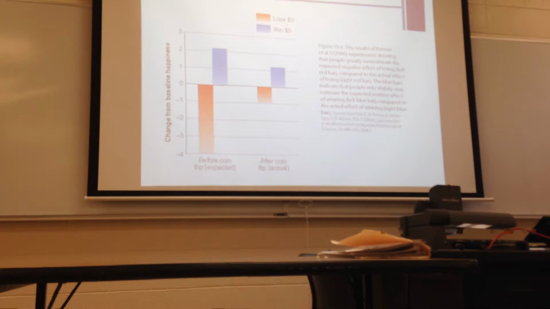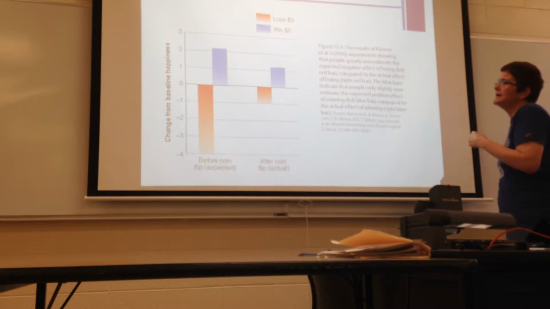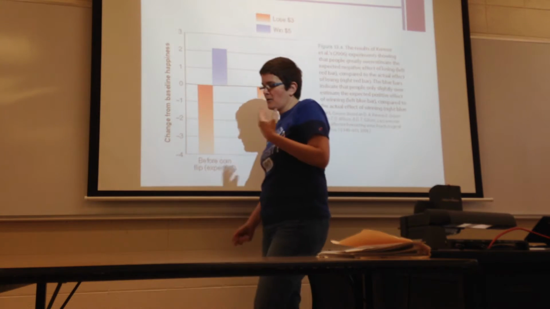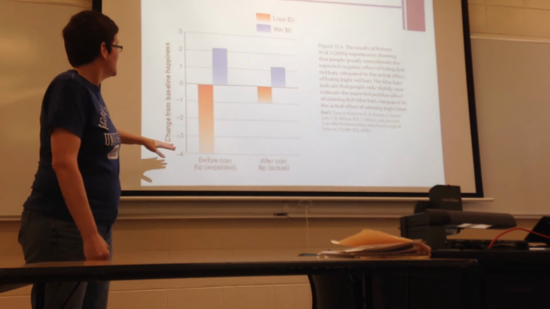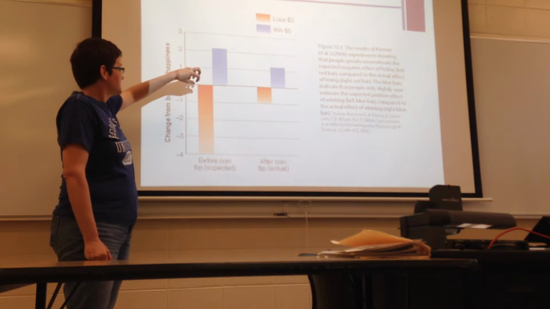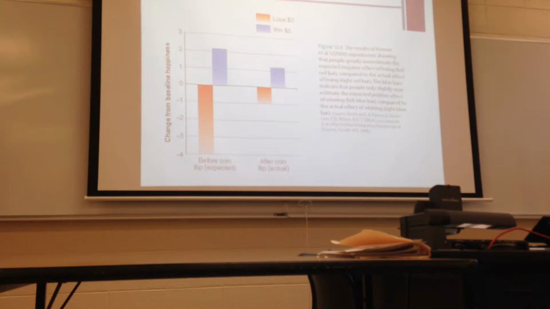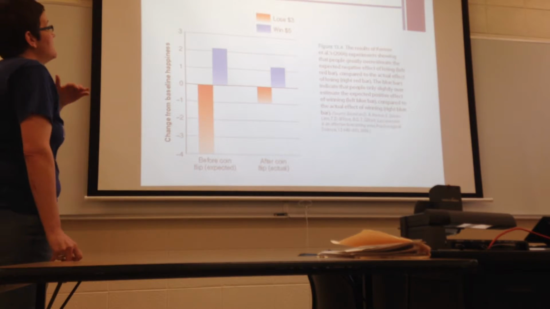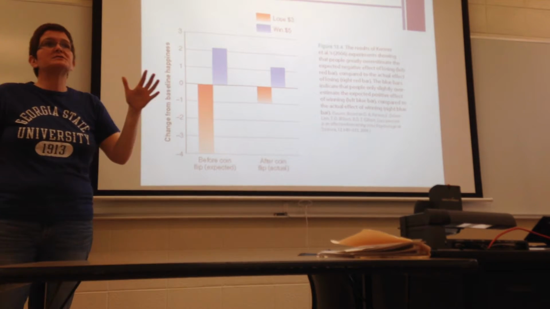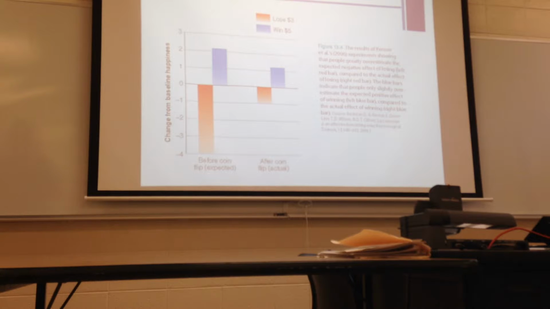Here's an example talked about in your text, where they asked people how they would feel about a particular coin flip, and the different coin flips had different outcomes. So they can lose $3 if they get one kind of flip, and they can win $5 if they have a different kind of flip.